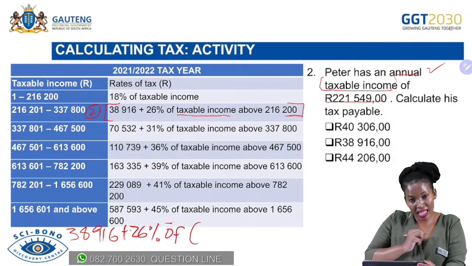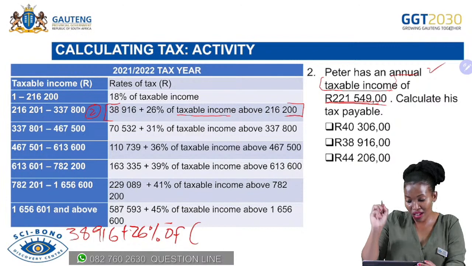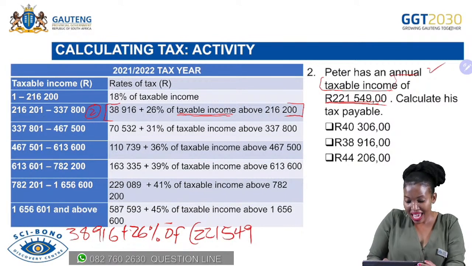Remember, they gave us the taxable income. And they ask, what is the taxable income? It is 221,549. So when you see taxable income, you're going to write 221,549, and then above 216.